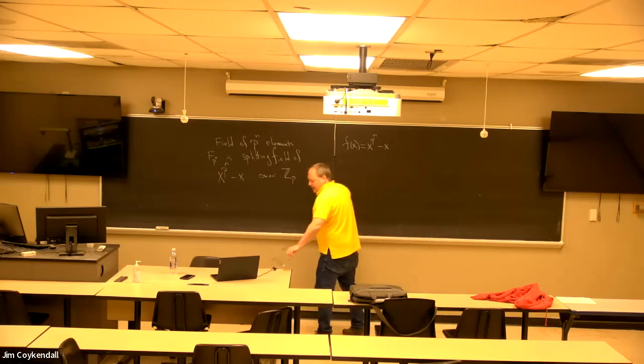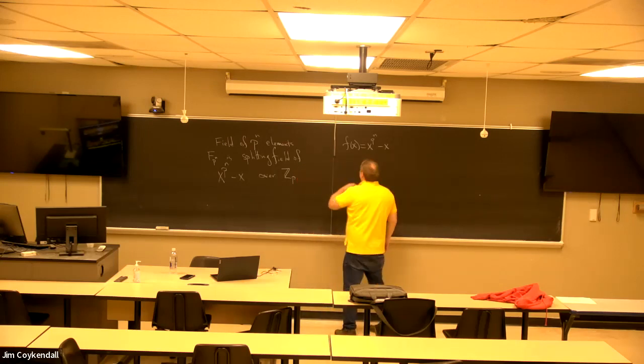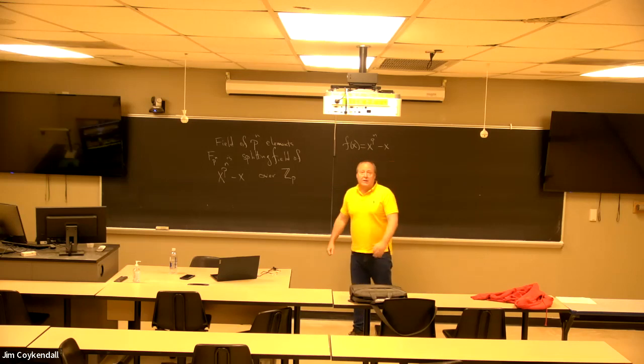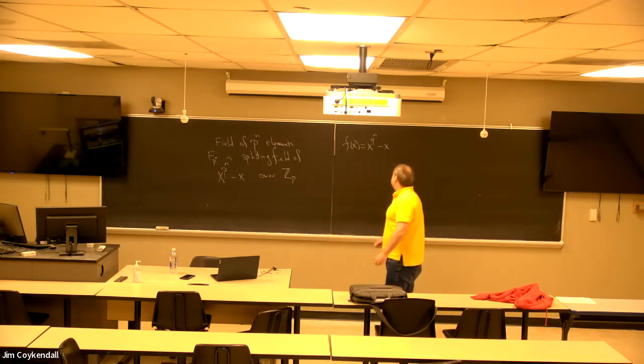Notice that certainly this is a polynomial, and of course it is not irreducible because, in particular, it's got a factor of x in it. Also, 1 is a root of this.